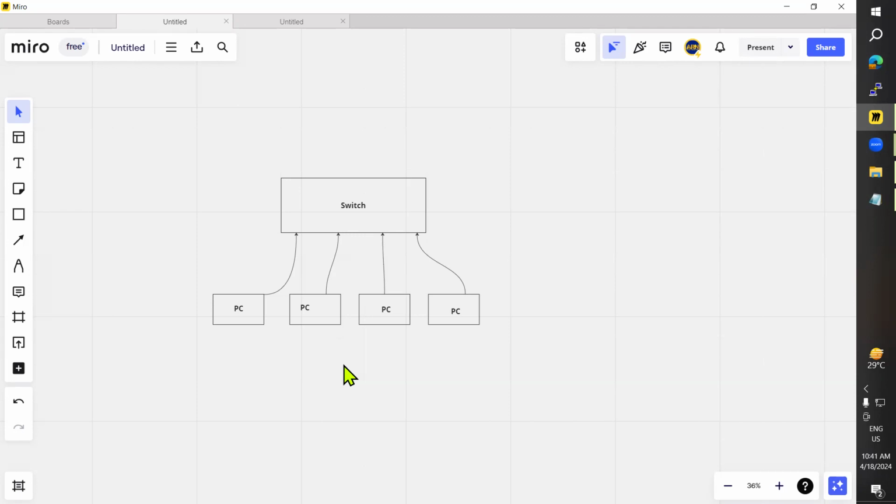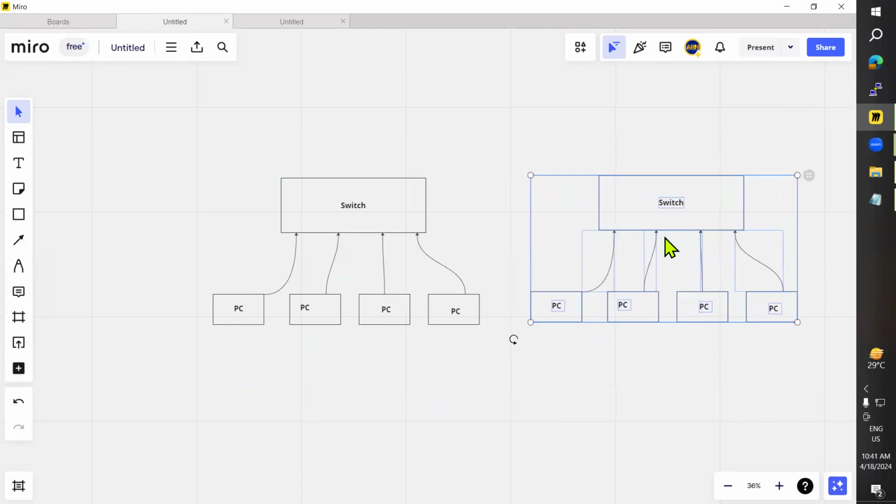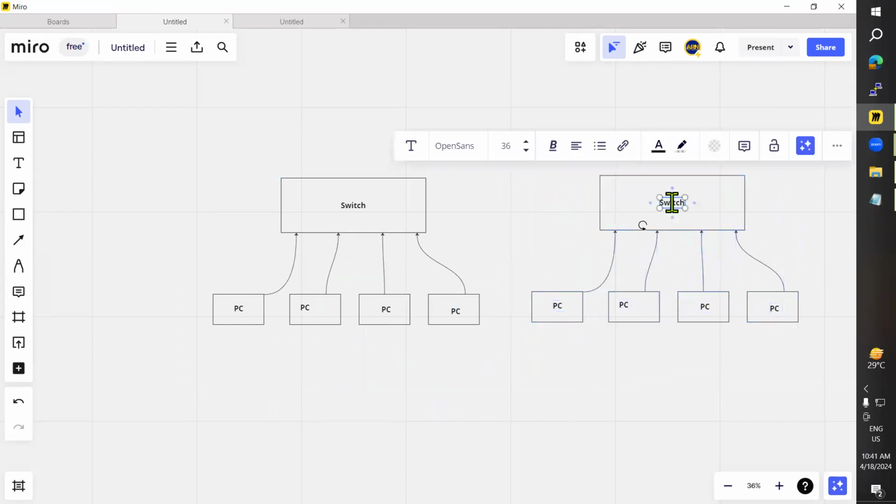In communication, when compared to a switch, a hub is very slow. Let's say this is a hub. Similarly, we can interconnect the devices using a hub, and the hub communicates with multiple computing devices.